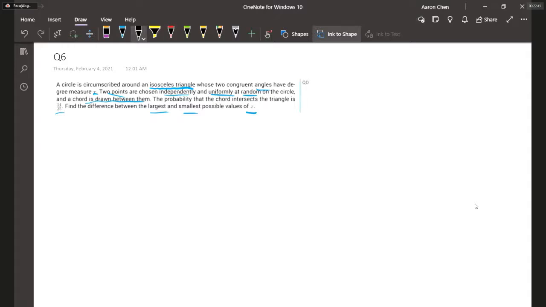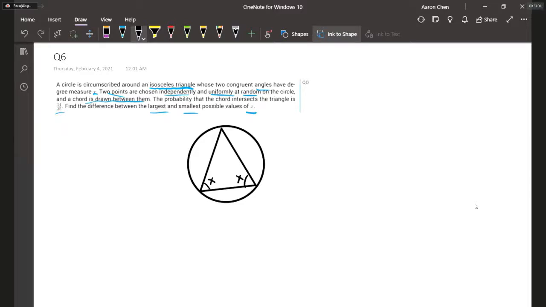And so first of all, we can draw a diagram. So you're given a circle and it's circumscribed around an isosceles triangle, and the two congruent angles have degree x.